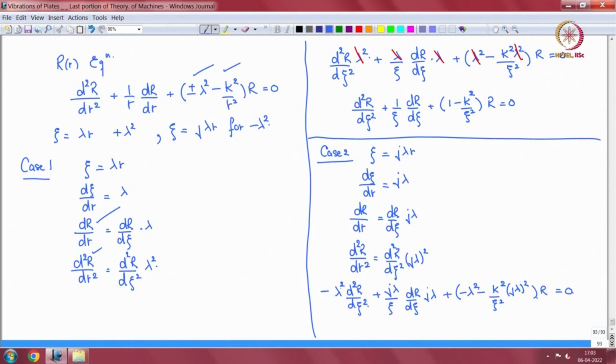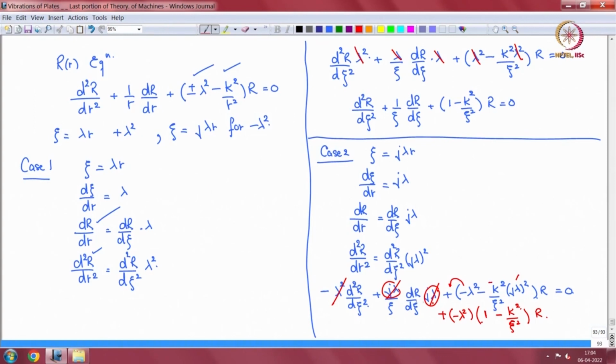So I get a minus lambda square here and a minus lambda square here. If I take this minus lambda square out, then I get 1 minus k square by xi square into R, because I have a minus and a minus, I have a plus.